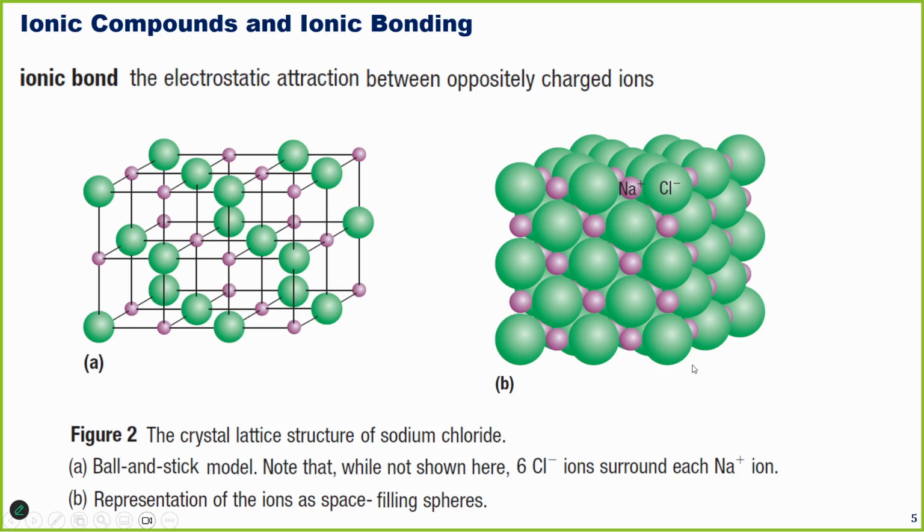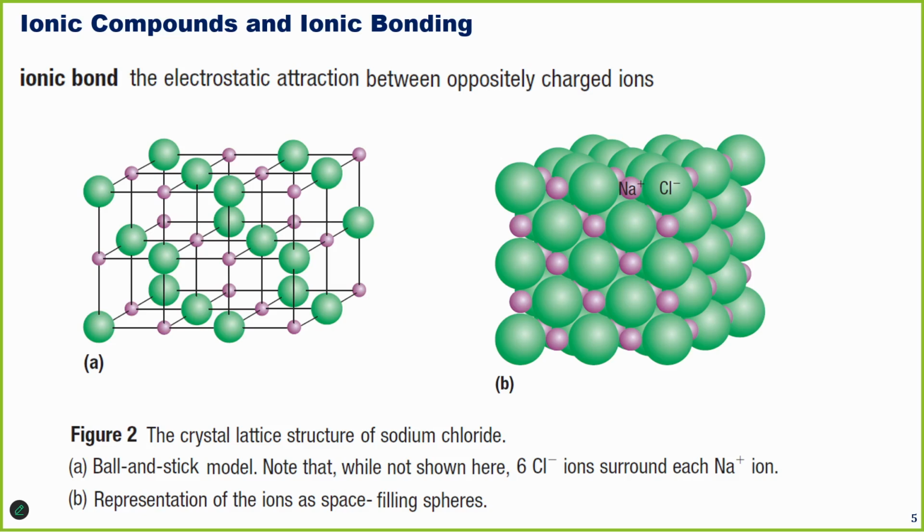Okay, next, let's have a look at ionic compounds and ionic bonding first. When solid sodium, which is denoted by Na, and chlorine gas, or Cl2, react to form solid sodium chloride, or NaCl, a transfer of electrons occurs from the sodium atoms to the chlorine atoms to form sodium ions, or Na+, and chloride ions, or Cl-.